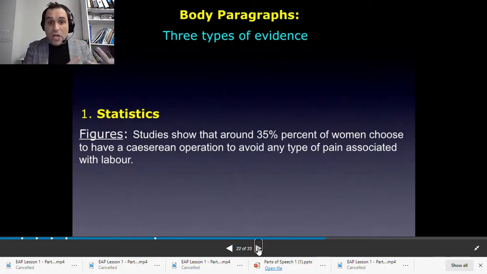And the studies show that around 35% of women choose to have a cesarean operation to avoid any type of pain associated with labor. Now, when people write studies, they usually conduct interviews or surveys or questionnaires. That is something you might have to do at university.